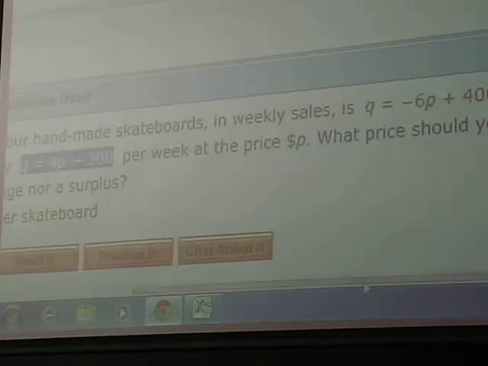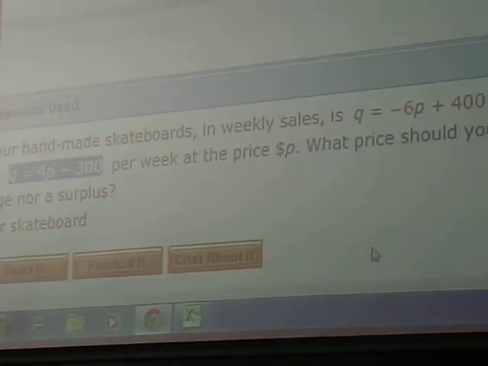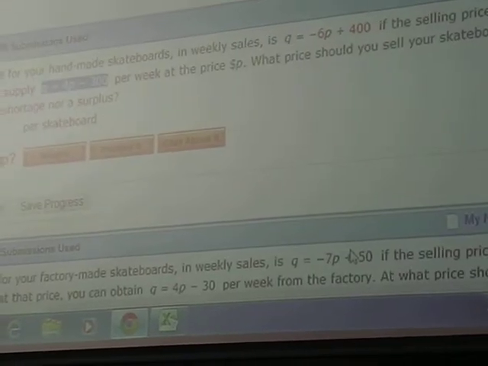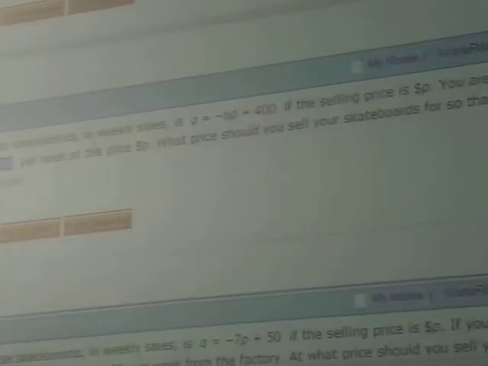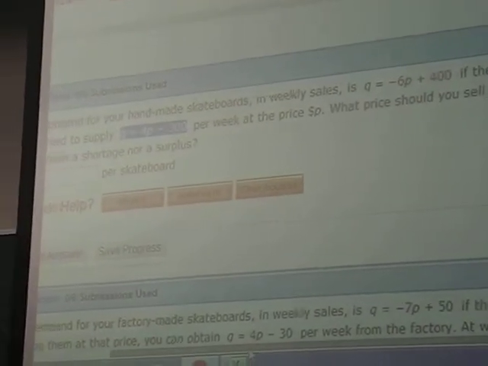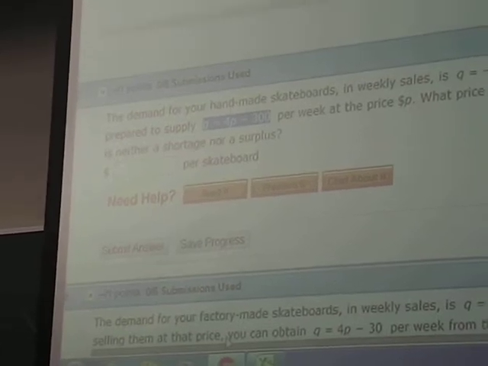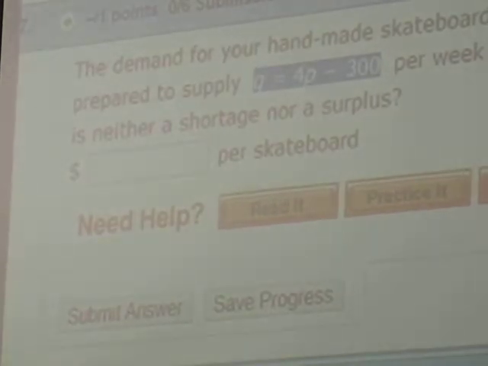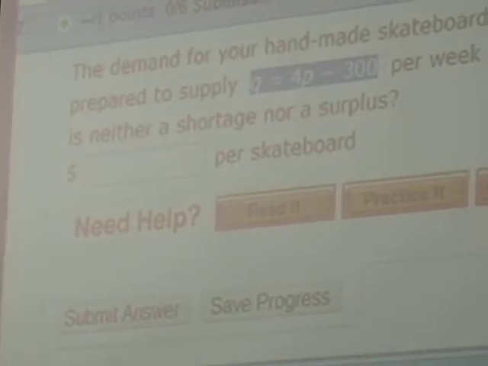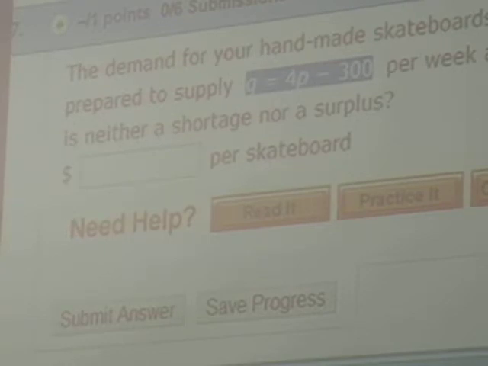And what does it say? Let's read it. What price should you sell your skateboards? This is about skateboards. What does it say? There is neither a shortage nor a surplus. What does that mean? They mean the equilibrium price, right? There's no shortage and there's no surplus.